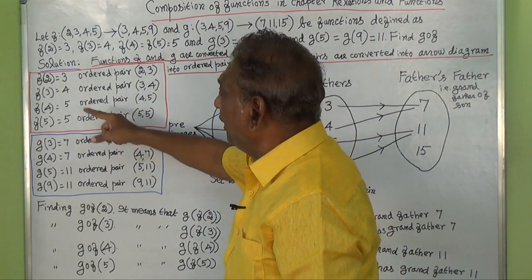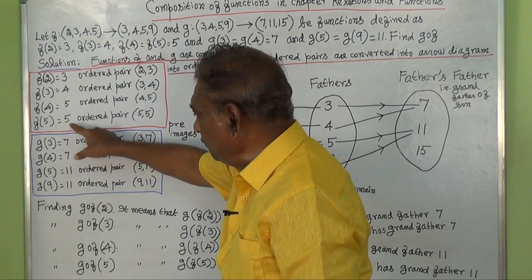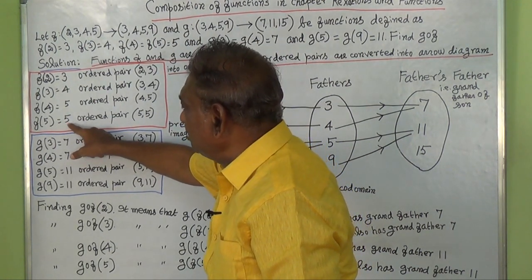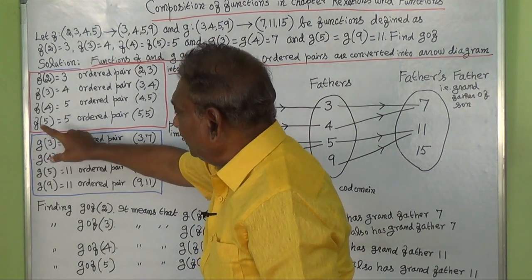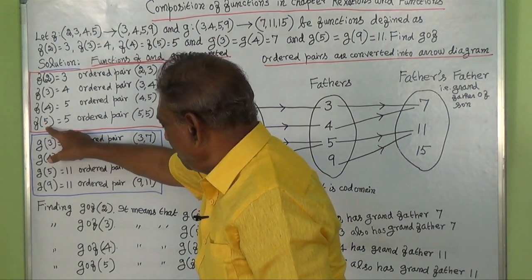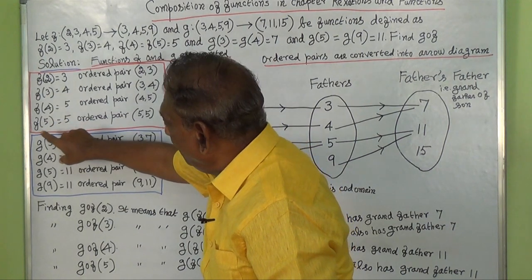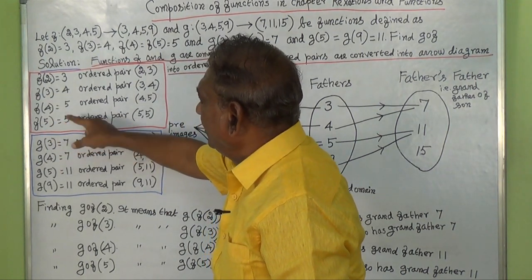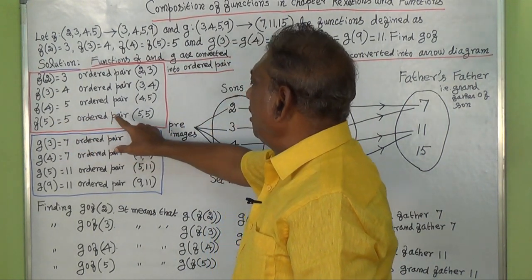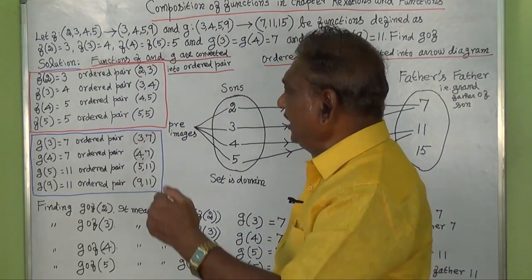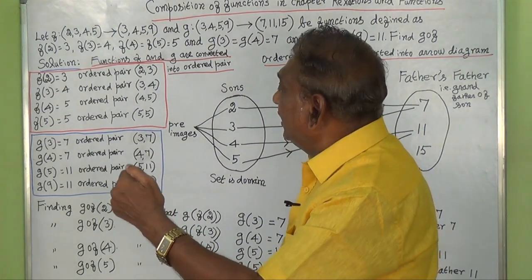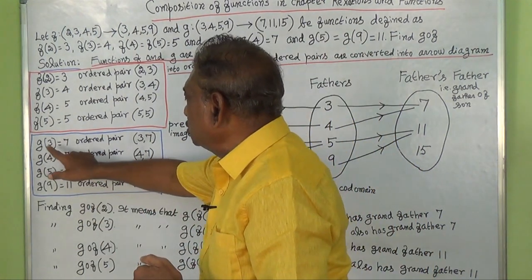Then coming to f of 5 equal to 5. That is, x is 5 and f of x is 5. Then the ordered pair is (5, 5). Similarly, we can write for the function g also.